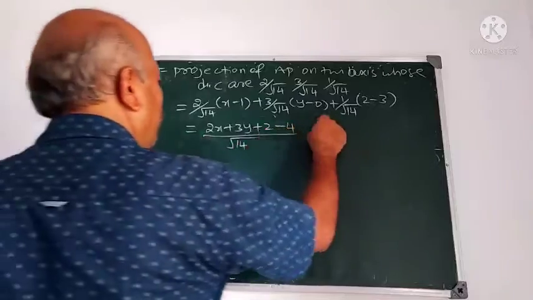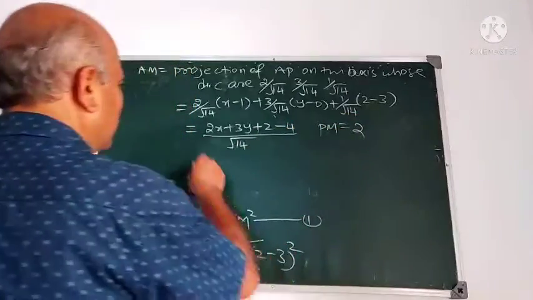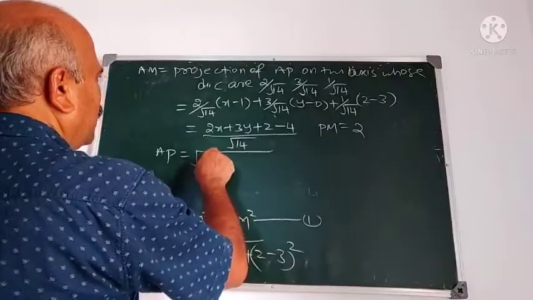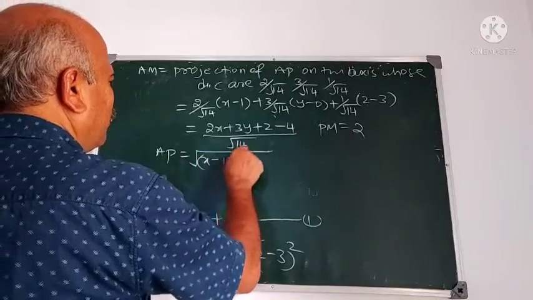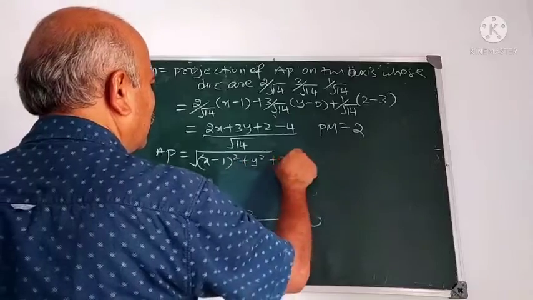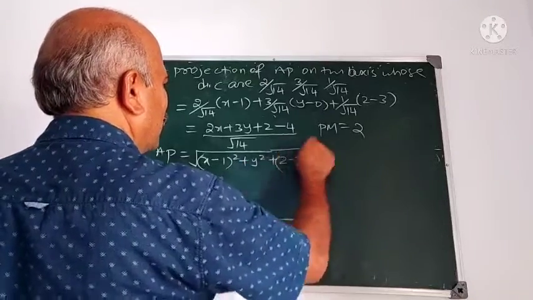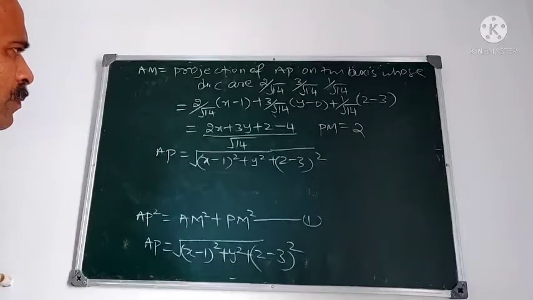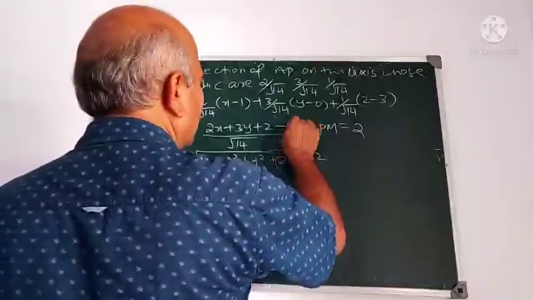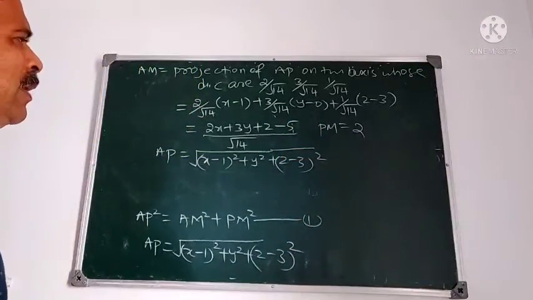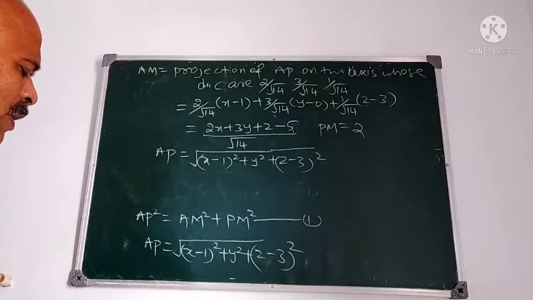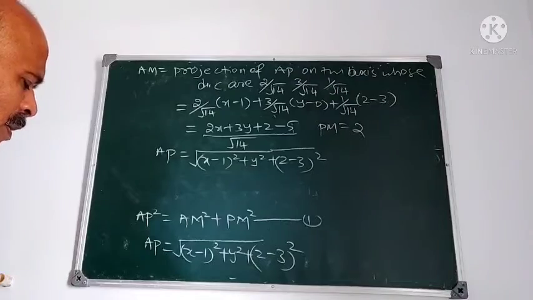And what is PM? PM is 2, the base radius is 2. And what is AP? It is the square root of (x minus 1) whole square plus y square plus (z minus 3) whole square, by the distance formula.